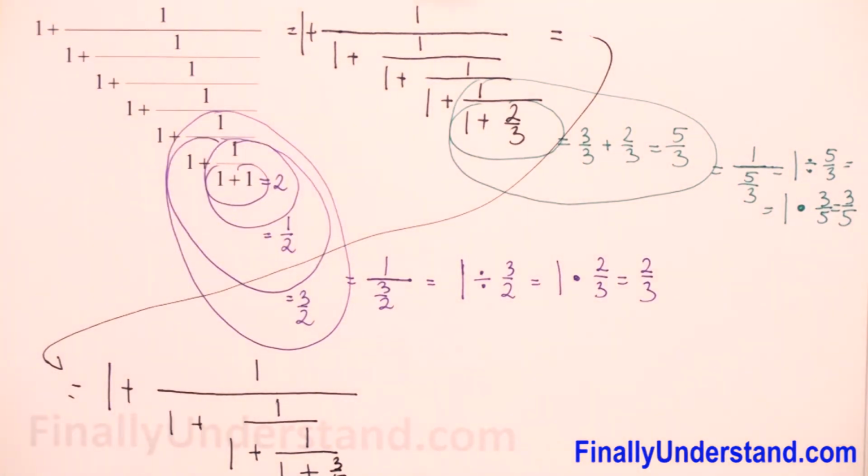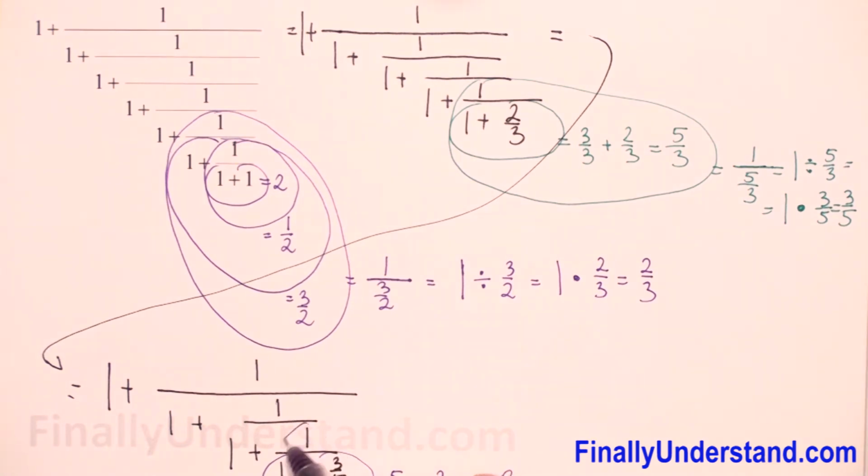So now 1 plus 3 over 5. We can change 1 to the fraction 5 over 5, because we need denominator 5, plus 3 over 5. We copy the same denominator and add numerators. 5 plus 3 is 8. So this is 8 over 5.